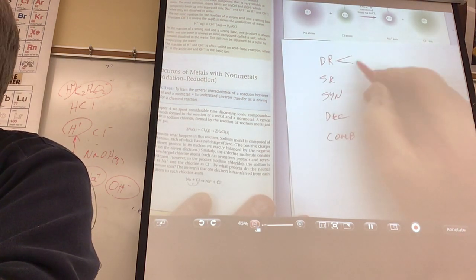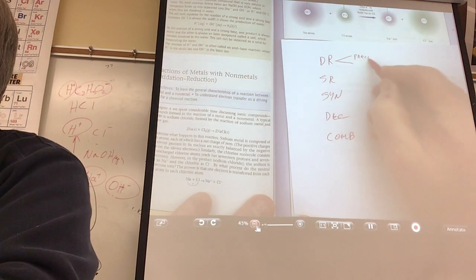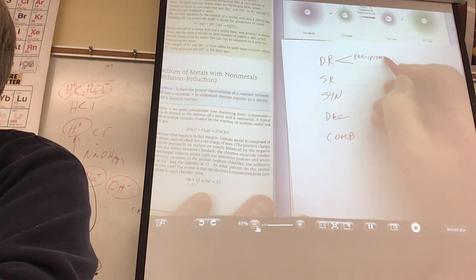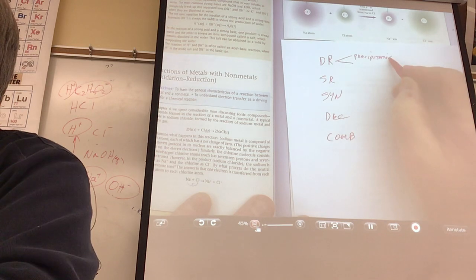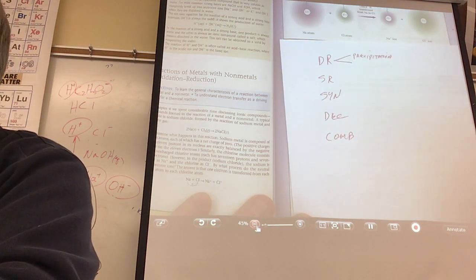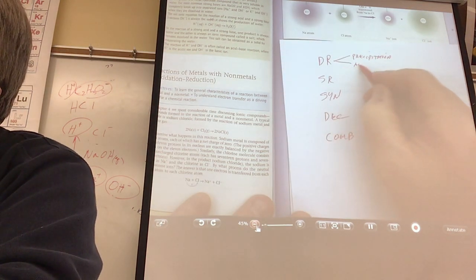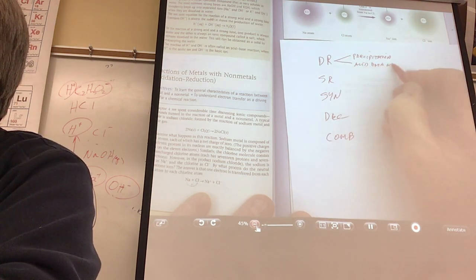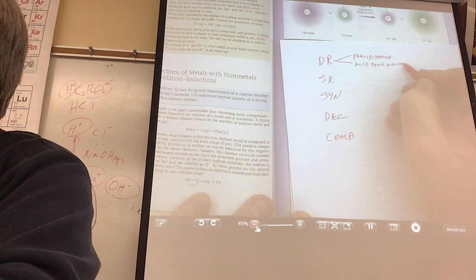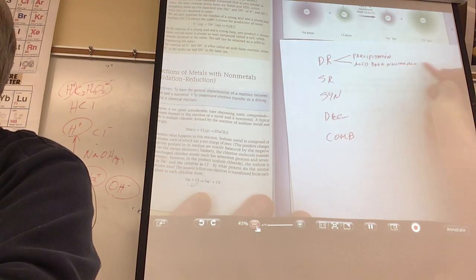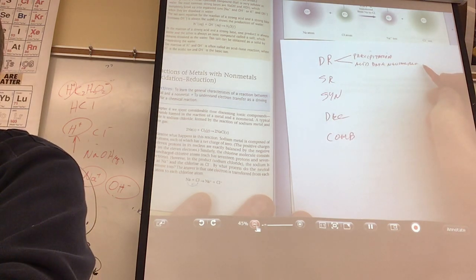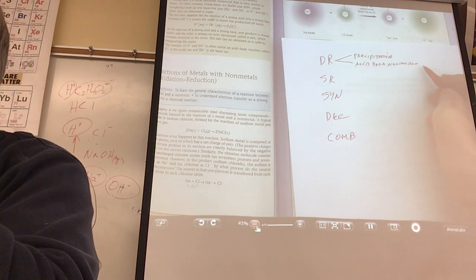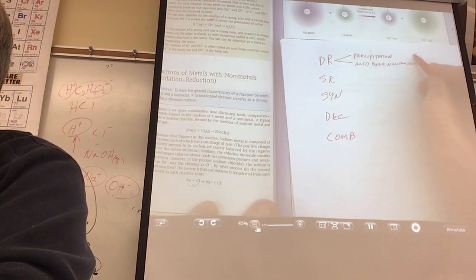What are they? Precipitation reaction, and the driving force is formation of a solid. Acid-base neutralization, and the driving force is formation of what? Water. Okay.